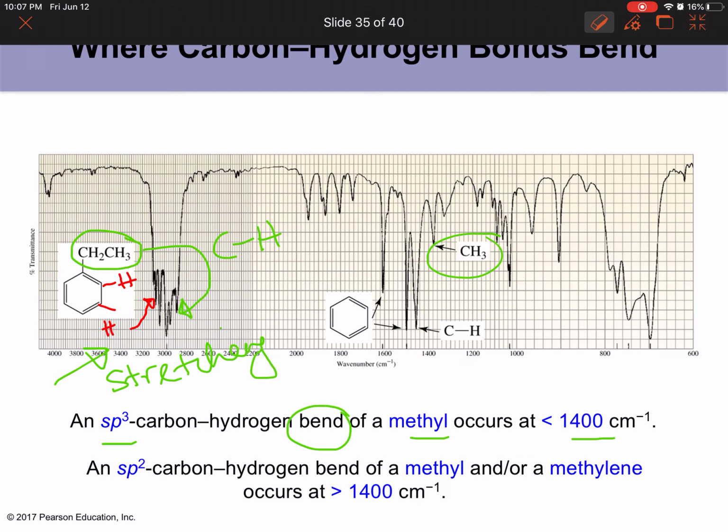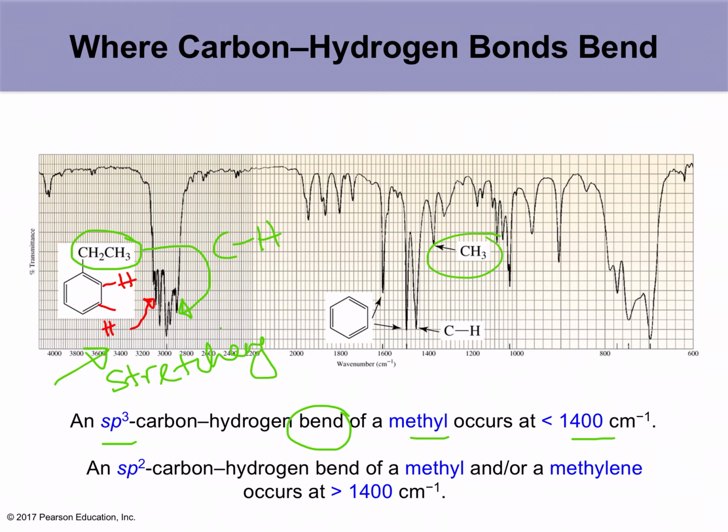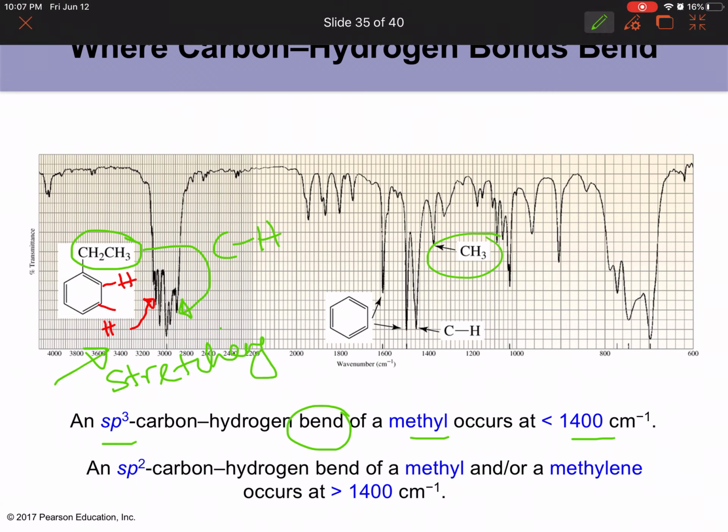Okay, so this one is the less than 1400, that's this one, sp3. sp3 carbon hydrogen bend of a methyl occurs at less than 1400. You see, this is the 1400, less than 1400.